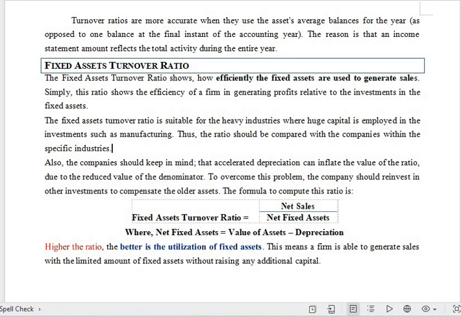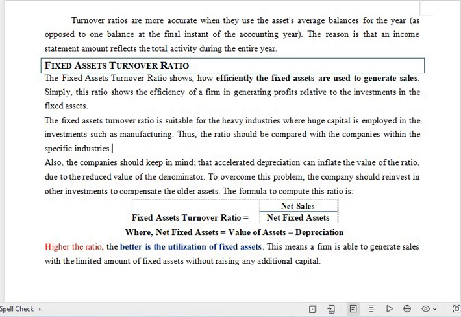So either you can use net sales or cost of sales as one variable in the numerator of a turnover ratio, and the other variable will be the respective item for which you are going to compute the ratio. Here, for fixed asset, I am going to use net fixed asset. What is the term net fixed asset?